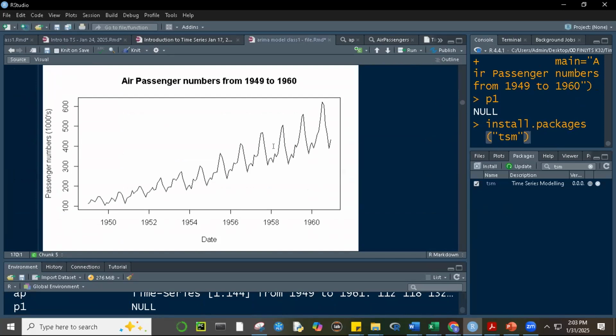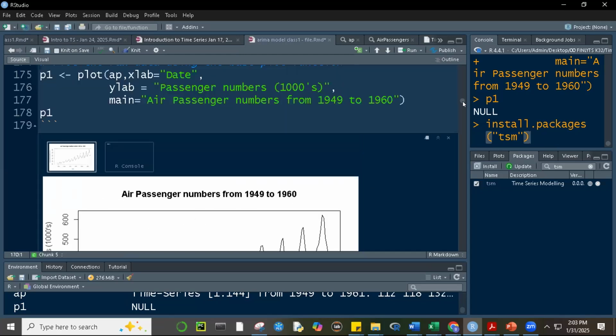So there we go. You can see that air passengers is not stationary. As we discussed last time, it has a trend, non-constant mean, and even the variance seems to be non-constant. So it violates both rules of stationarity.